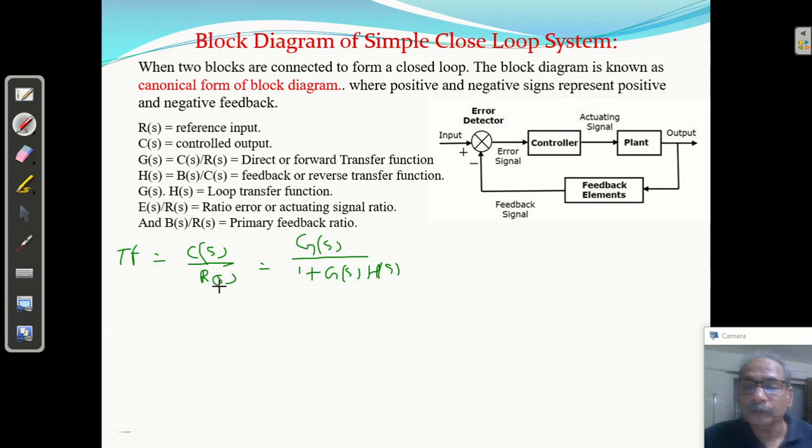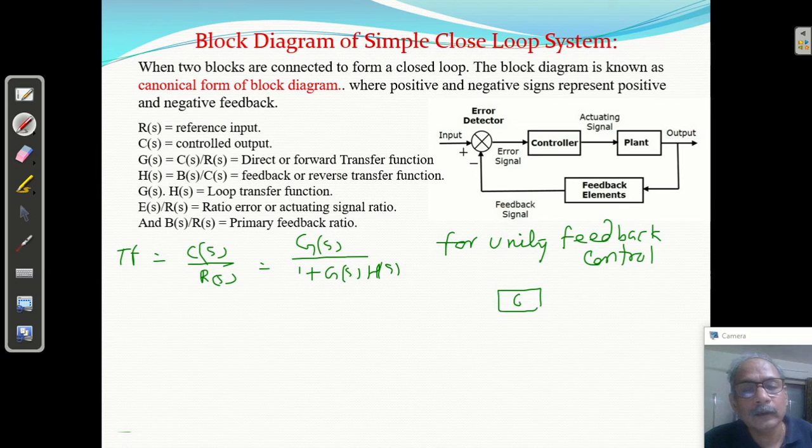Now, one more thing I want to discuss. For a unity feedback control system, what will it look like? This is G of S, the control output C of S, clear?